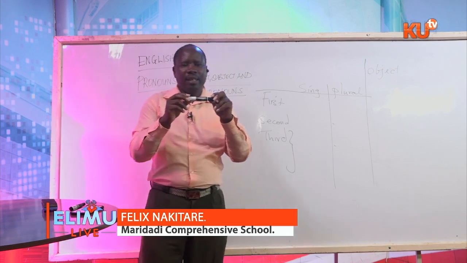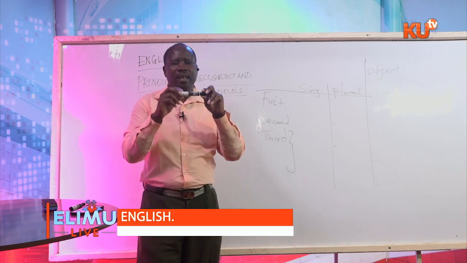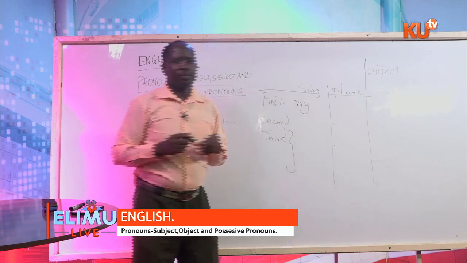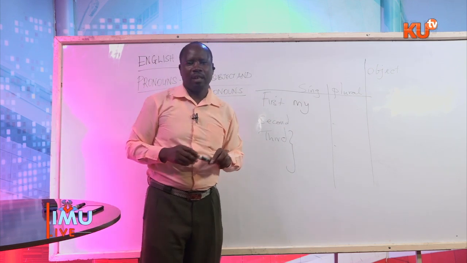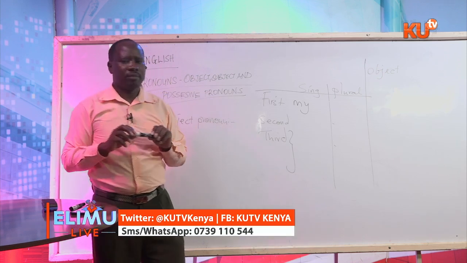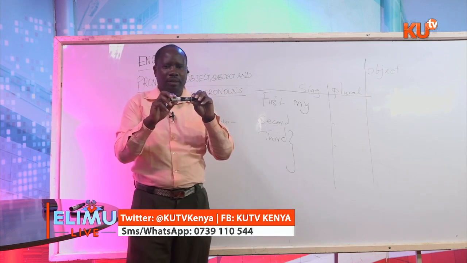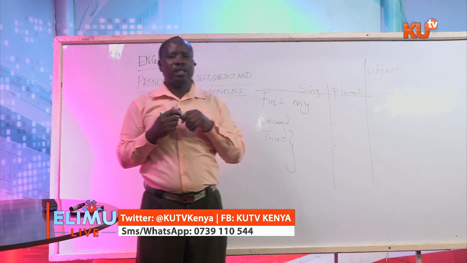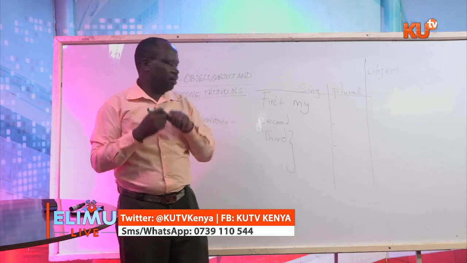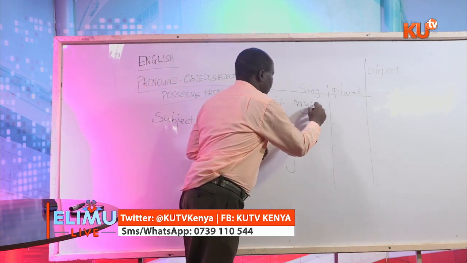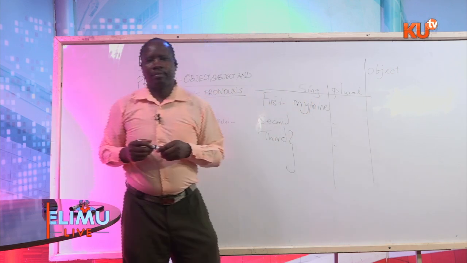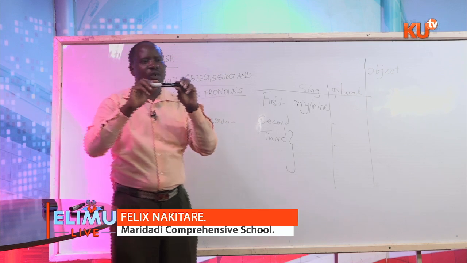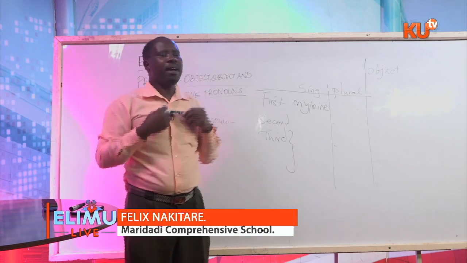I will say, this is my felt pen. I'm showing possession, belongingness. This felt pen belongs to me. So it is my felt pen. Or I can say, this felt pen is mine. That is a possessive pronoun. This is my felt pen. Therefore, this felt pen is mine.